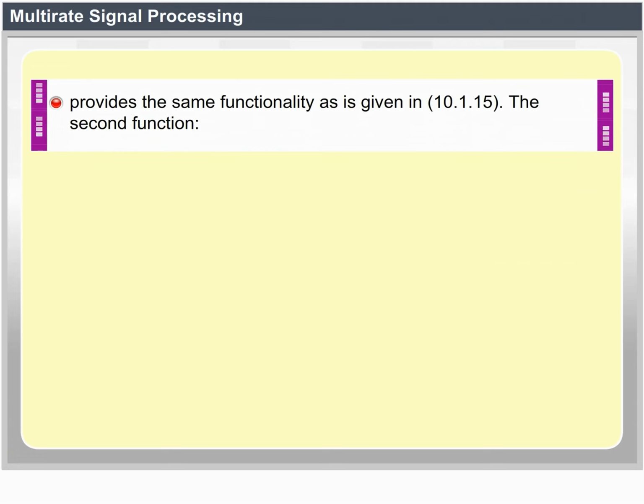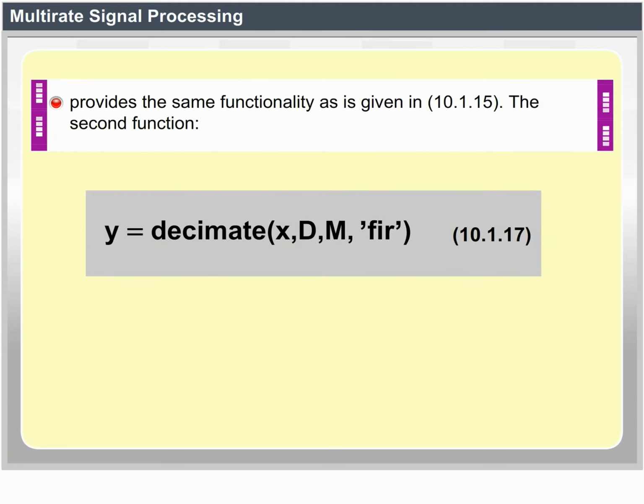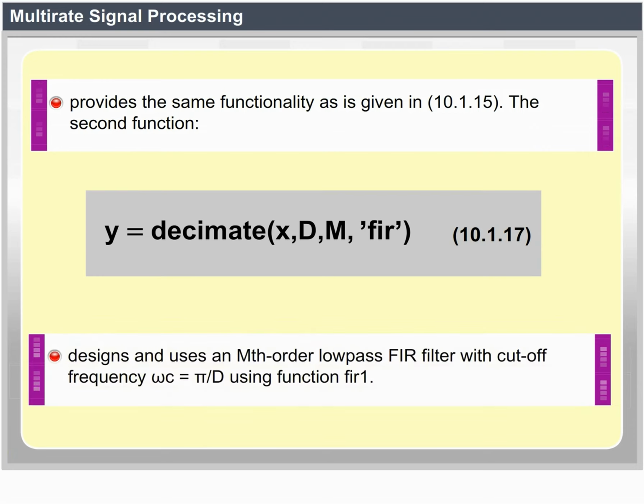The second function, y equal to decimate(x, D, M, 'FIR'), called equation number 10.1.17, designs and uses an Mth order low pass FIR filter with cutoff frequency ω_c equal to π/D using function fir1.